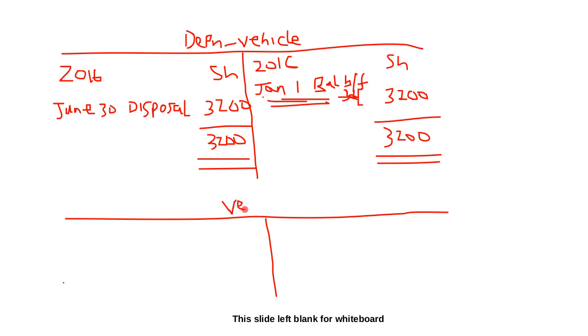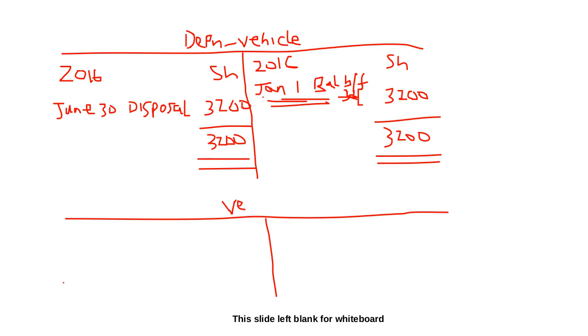Okay, the balance brought forward is not for January 2017, it is for January 2016. Remember when the vehicle was being bought, there was a provision for depreciation of 3,200 in January 2016.